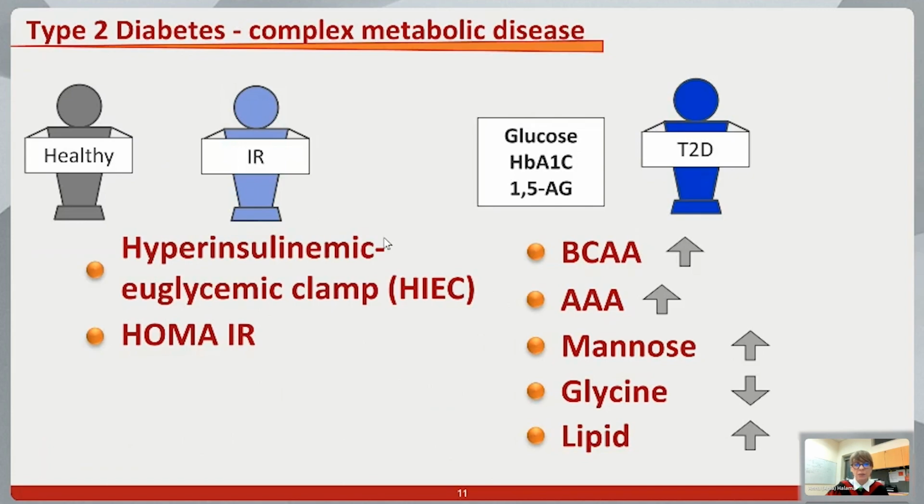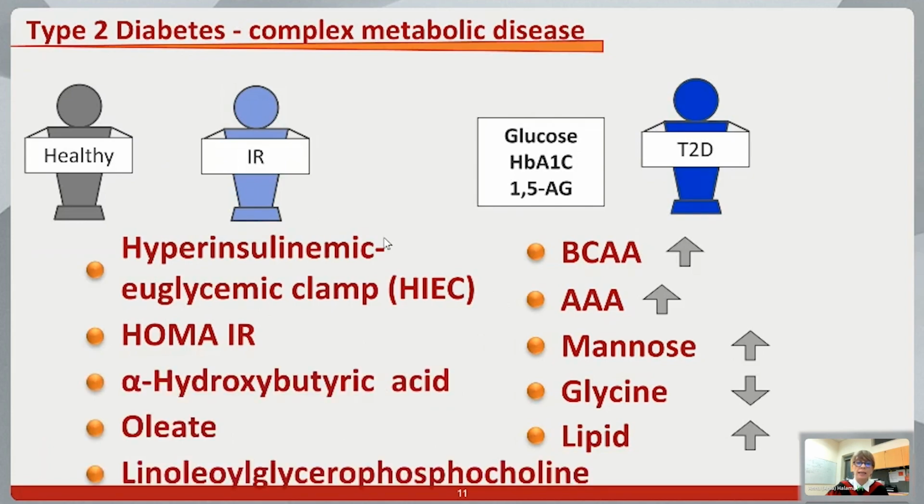Thus, further studies were conducted, looking at the metabolic profiles of individuals with insulin resistance, and those were also established. What is important here, in terms of identifying insulin resistance or having markers for it, is that this process of progressing towards type 2 diabetes can be reversed.